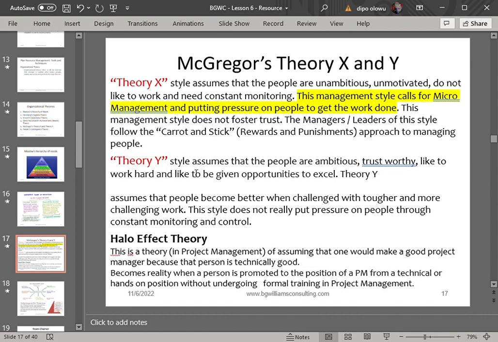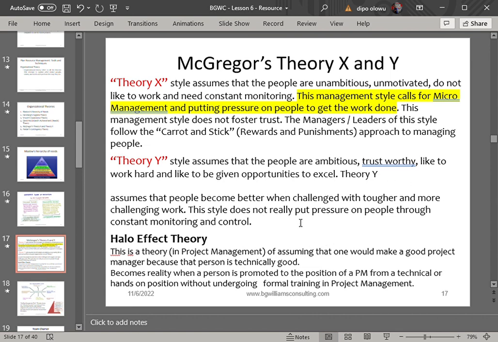McGregor Theory Y is saying that it is also possible you have in your team a set of ambitious team members, a set of people who are determined to work, who can go all out for the organization. What do you do to manage them?